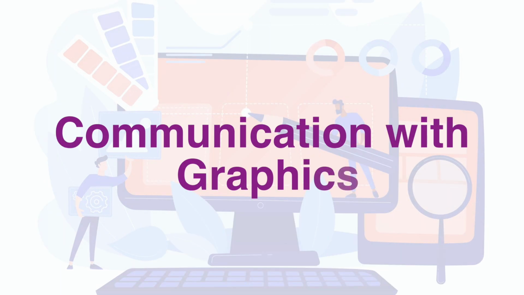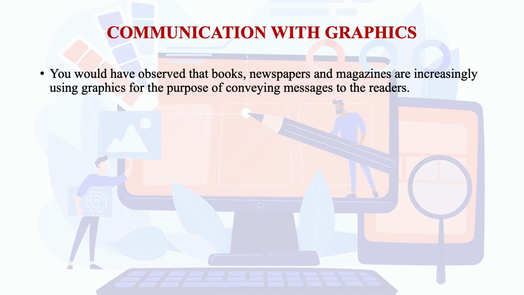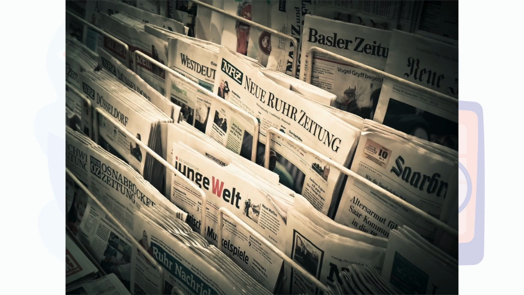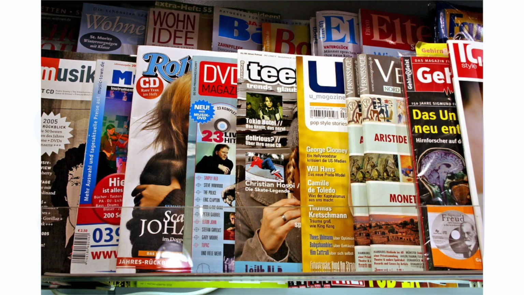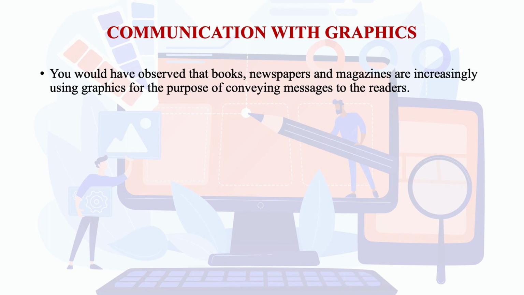Now let us discuss communication with graphics. You would have observed that books, newspapers and magazines are increasingly using graphics for the purpose of conveying the message to the readers.